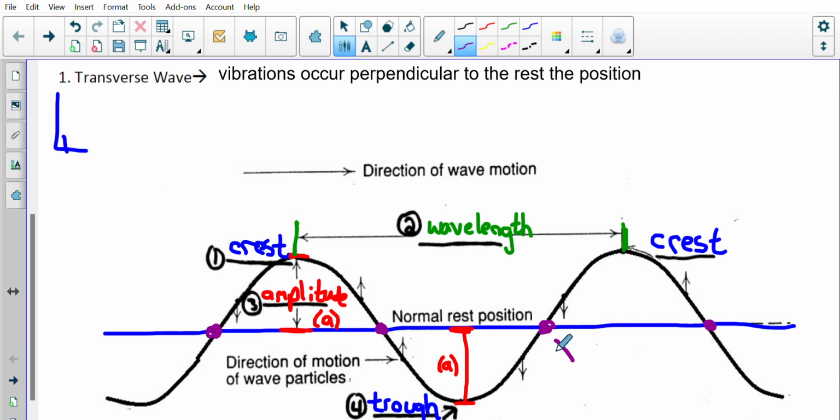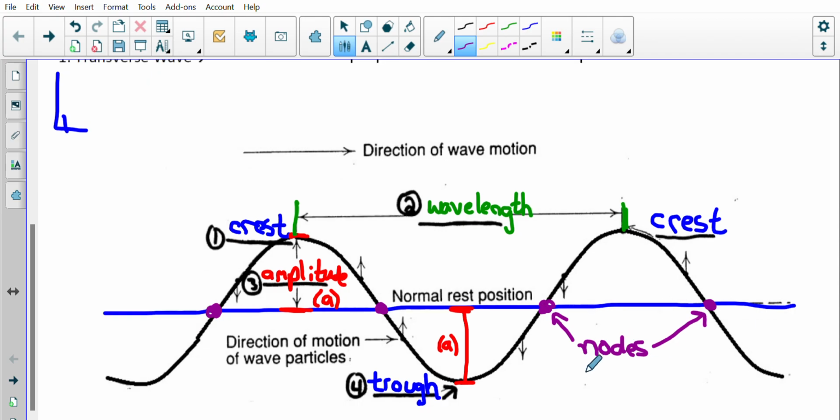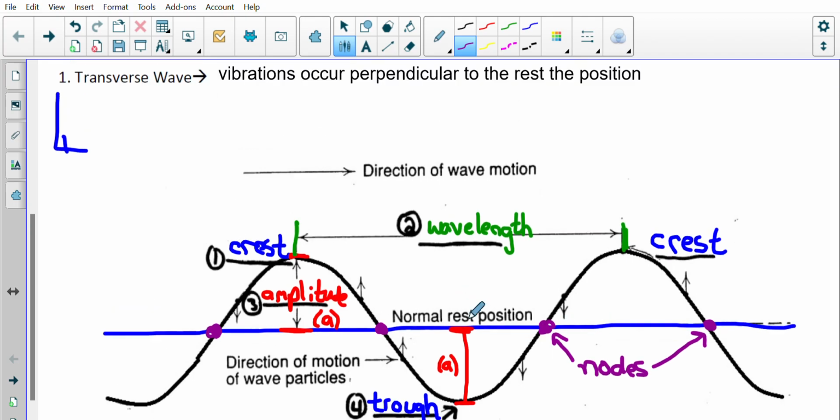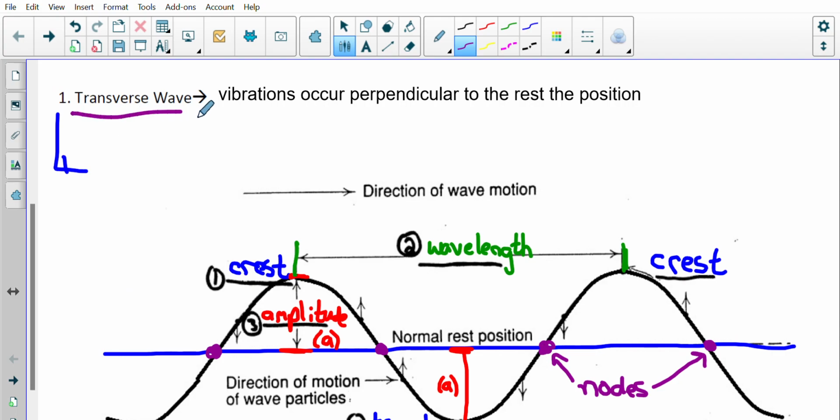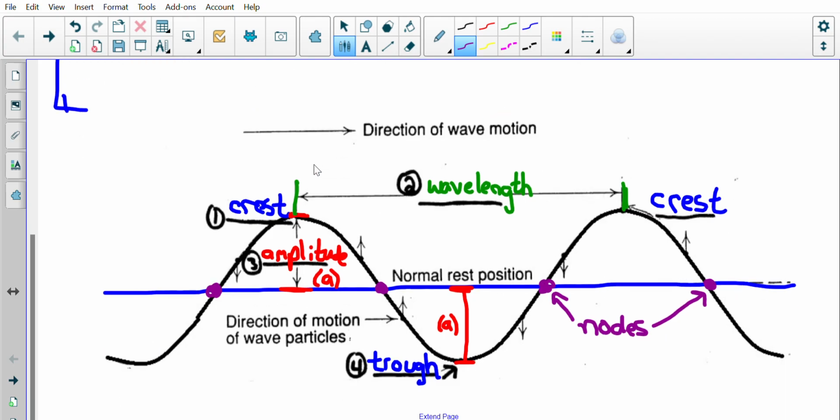These are called just nodes. Again, that is where your wave touches the resting position. So we've got 1, 2, 3, 4, our nodes in there. Again, this is what's called a transverse wave, when the vibrations are moving up and down compared to the rest position.